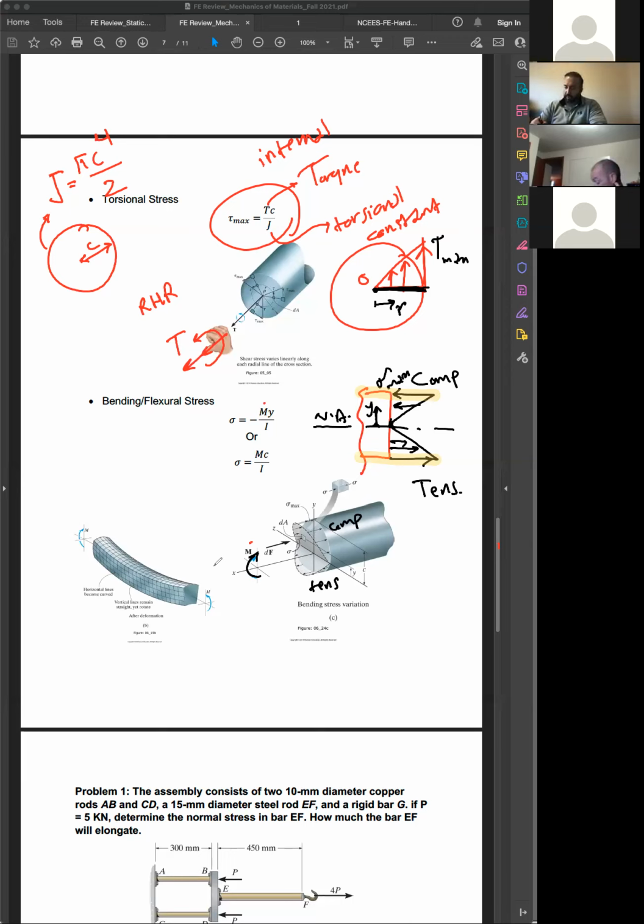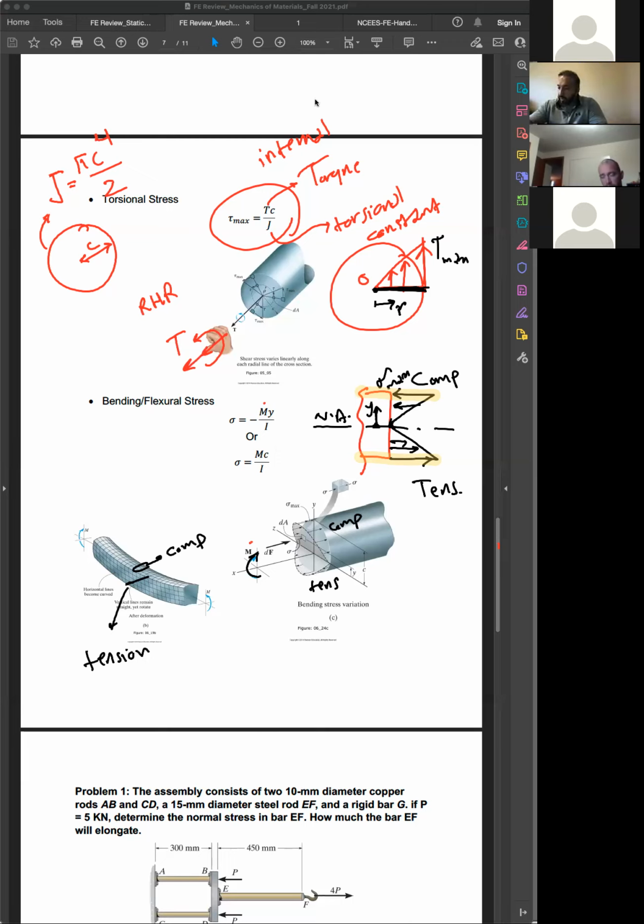This is another way of showing that. In this case, on the top region we are dealing with compression because of this behavior. On the bottom, you're dealing with tension because of this bending behavior applied to the system. And the formula, I introduced it to you here. One thing before leaving this is that this y starts from the neutral axis.